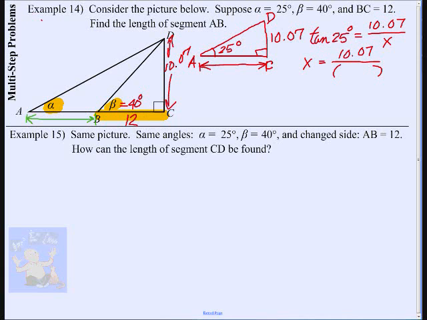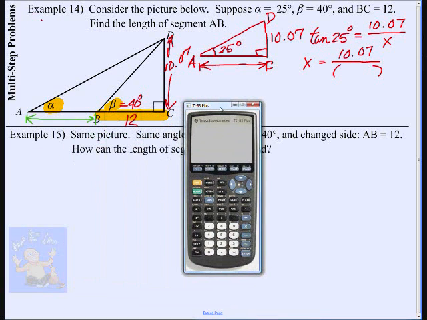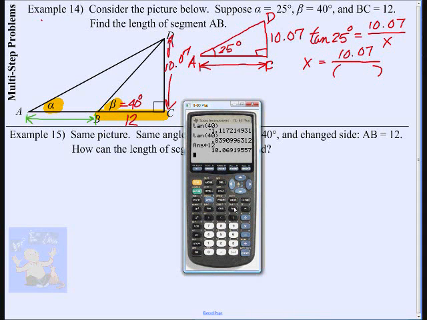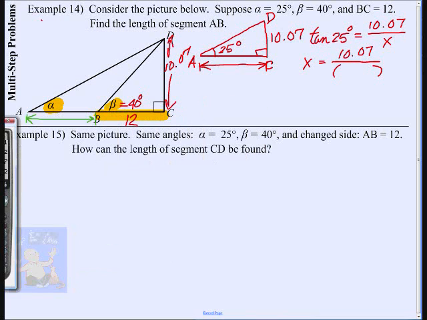Let's get our calculator over here and figure that out. Turn it on. Tangent of 25. Okay, it's 0.4663.